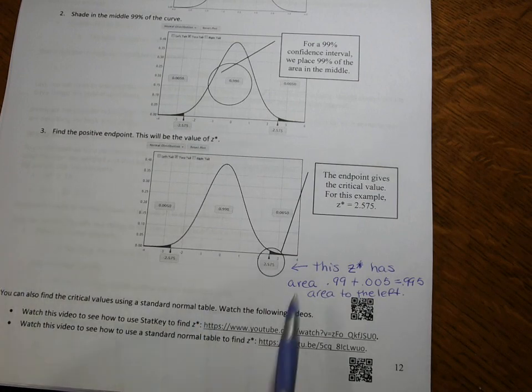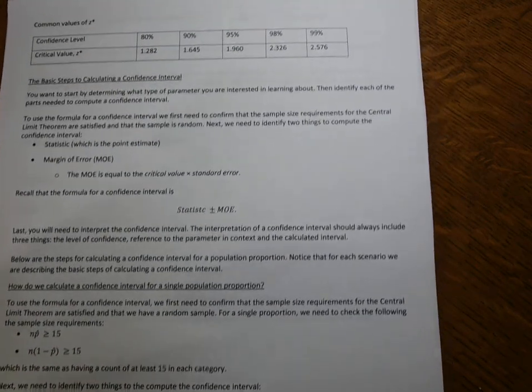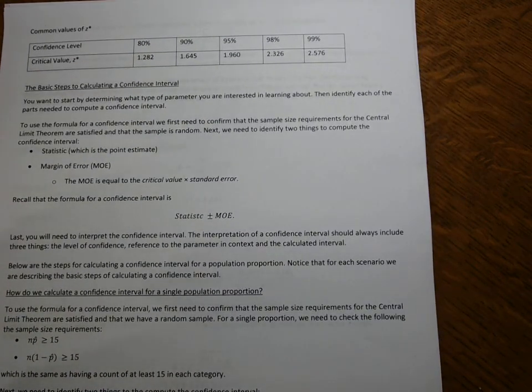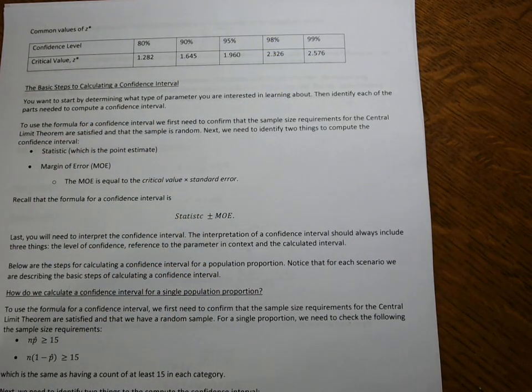And again, you're basically using the skills that you developed previously when working with different normal curves to find these values. Listed here on the top of page 13 are some of the more common values for Z star. Notice here's the value for the 99% confidence interval that we just found earlier.